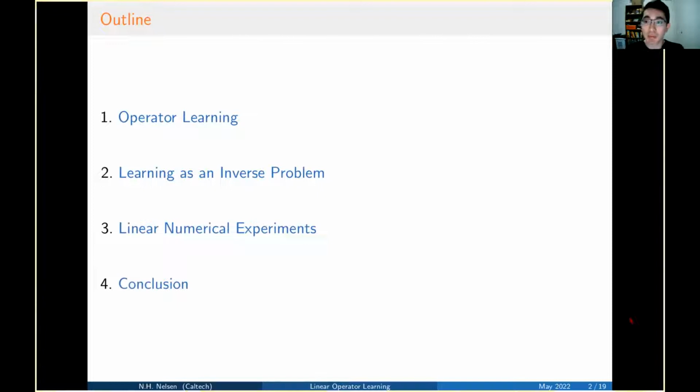So I'll begin the talk by motivating why operator learning is important, especially in this inverse problems context. And then the bulk of my time will be spent focusing on how we are framing the supervised learning problem itself as solving an inverse problem.